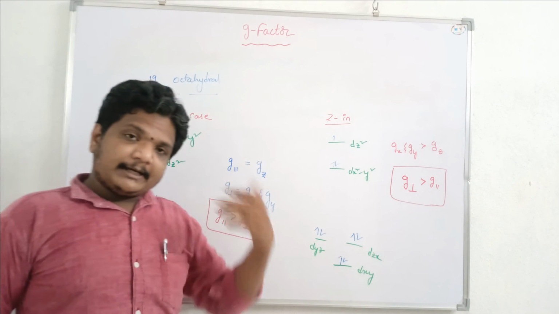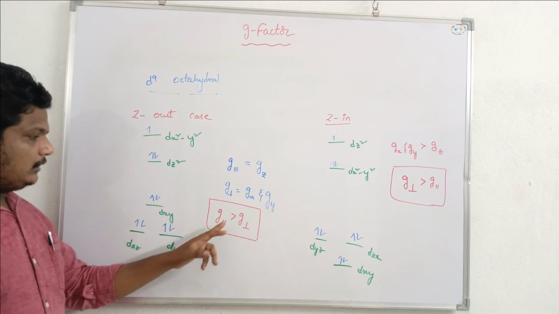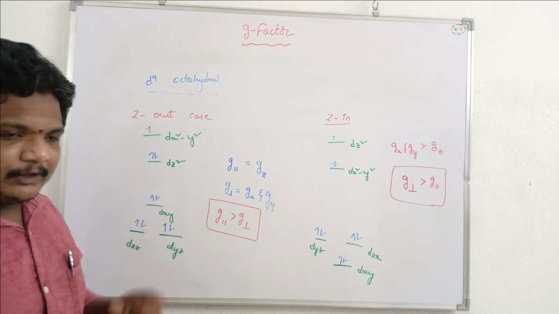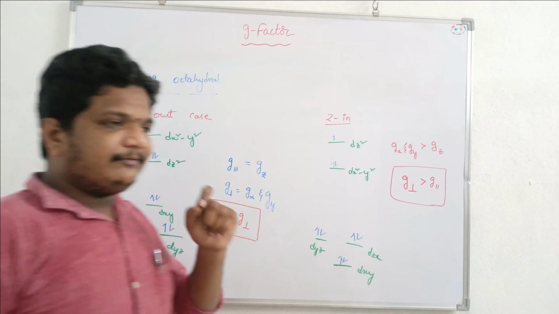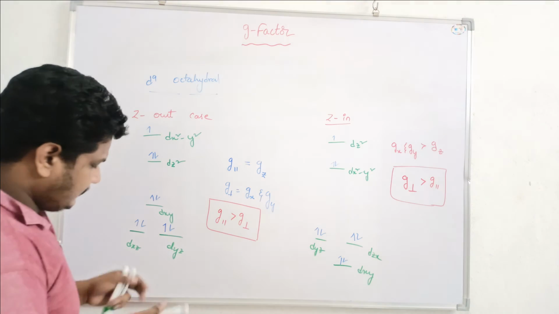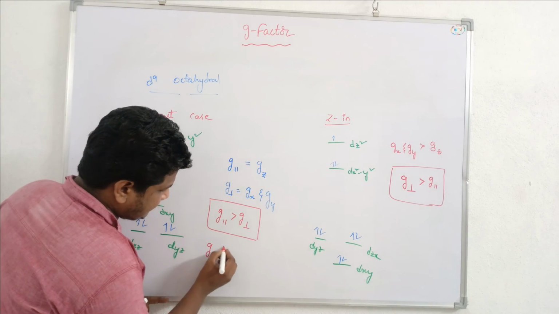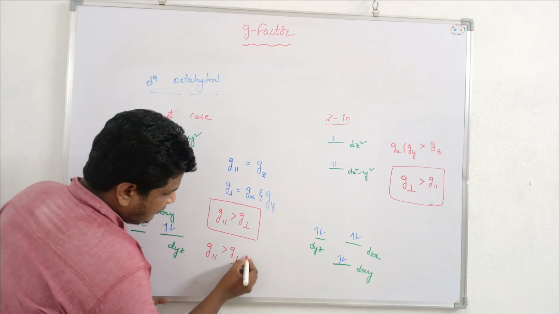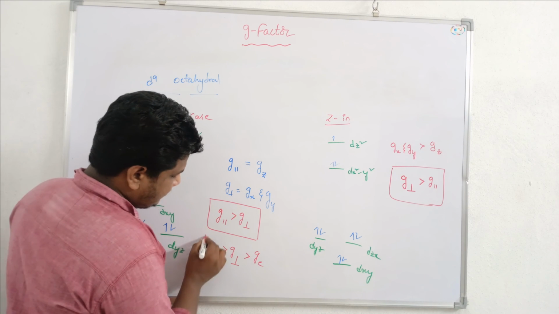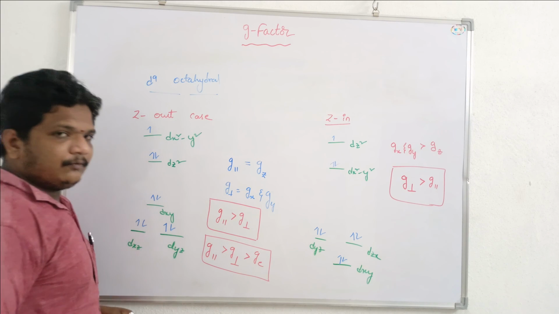In the case of the square planar system also, in the Z out case, we have the same relation. Here g parallel is greater than g perpendicular. If you consider the g value for a free electron, ge, this can be elaborated like this: g parallel is greater than g perpendicular, and it is also greater than ge, where ge is the g value for a free electron.